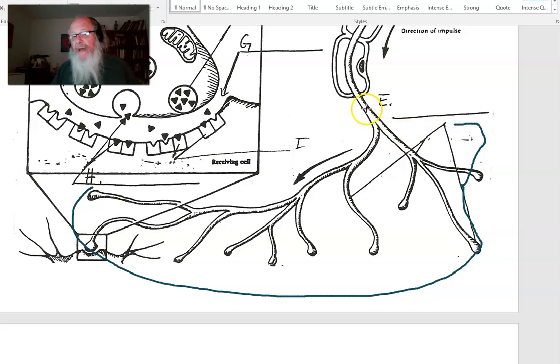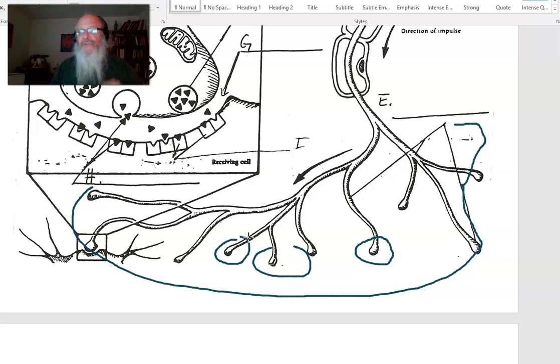So like a lot of axons in the nervous system, the one in this illustration has several branches, and you'll see that each of these branches ends in a little bulb shape, and those are the axon terminals.